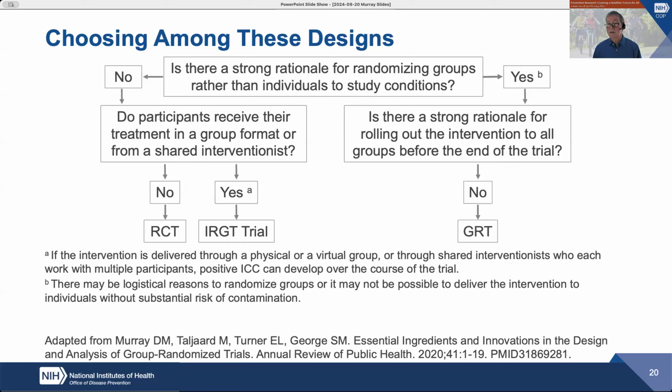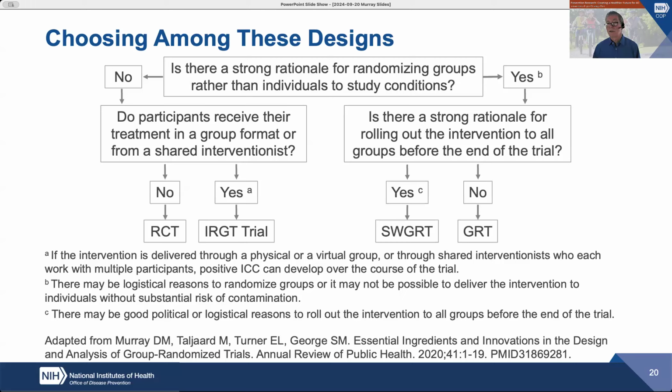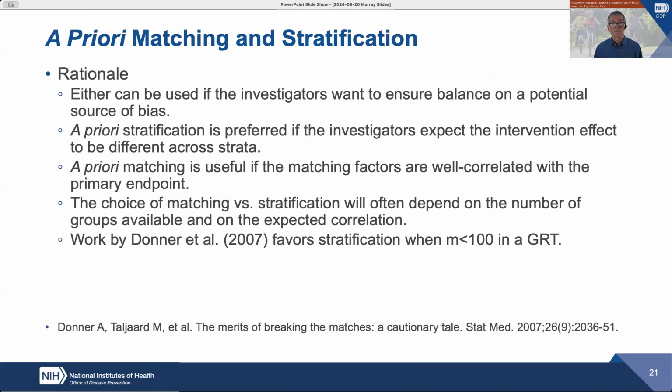If there is not, you've got a parallel group randomized trial. If there is a strong rationale, then you've got the step wedge design. So these are the 3 questions to consider as you're trying to choose among the 4 designs that we've discussed. And all of this is presented in a paper in the Annual Review of Public Health published in 2020.